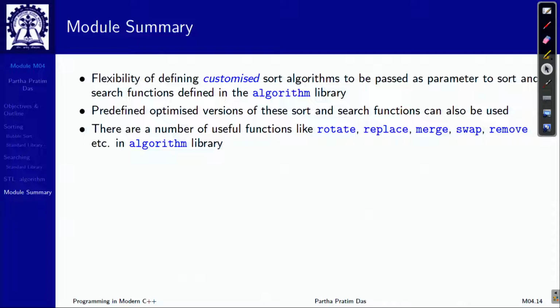So, what we have seen in this module is that the C++ standard library has all the same functionality as the C standard library, but in a more convenient way in the algorithm component, and in addition it provides a lot of additional functions which are commonly used in writing different problems.